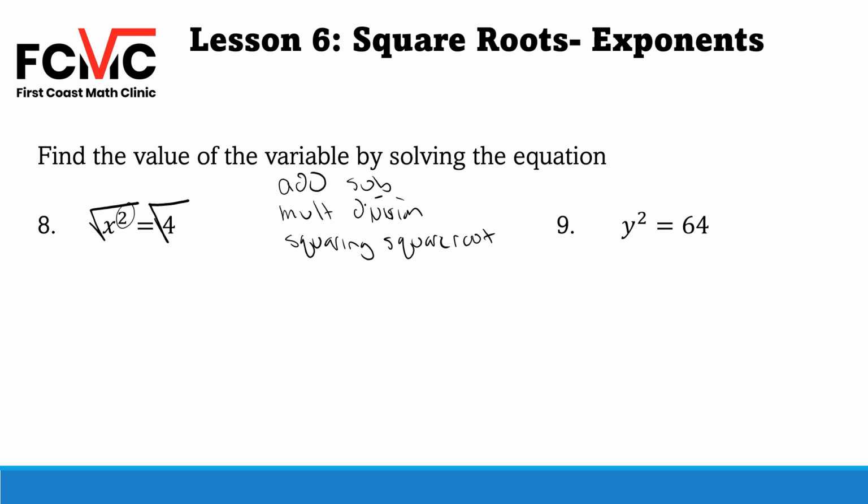So the square root of x squared cancels out, so I'm going to be left with x equals the square root of 4. And we know that the square root of 4 is going to be, like we said in the last couple slides, positive and negative 2.